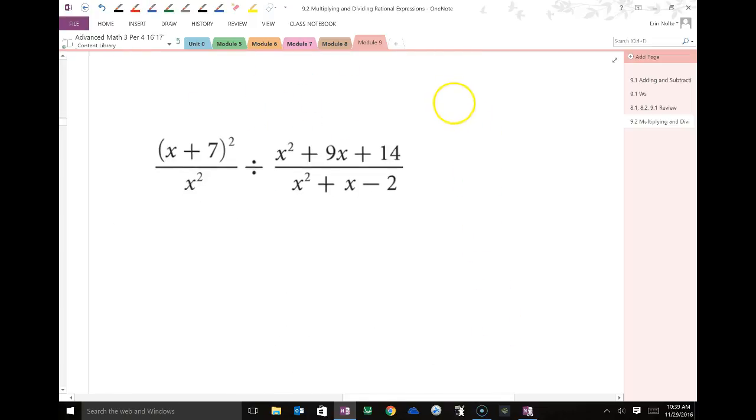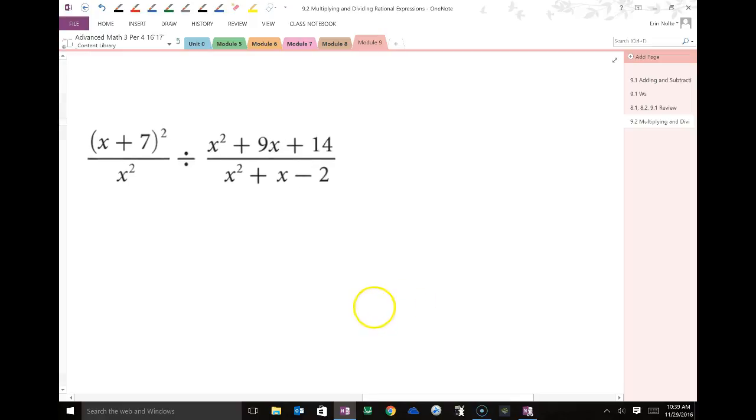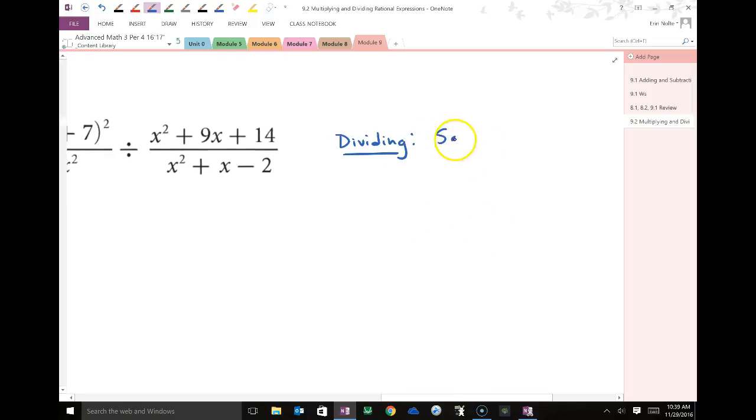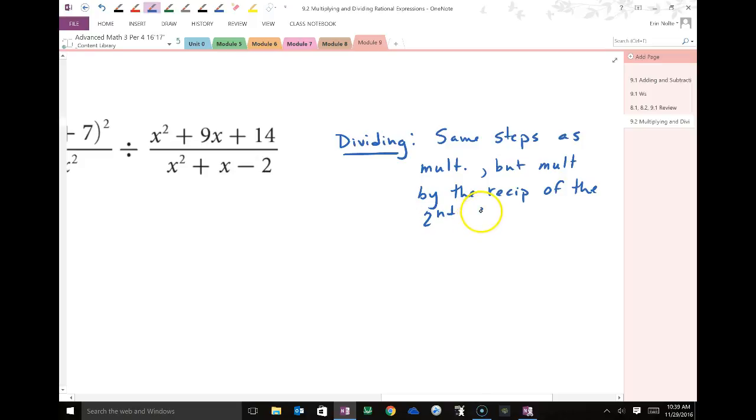What's my one additional step? Flip it. Okay, so maybe on your dividing notes, you can say same steps or process as multiplying, but multiply by the reciprocal of the second.